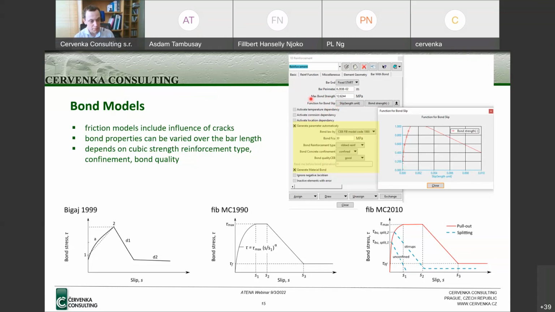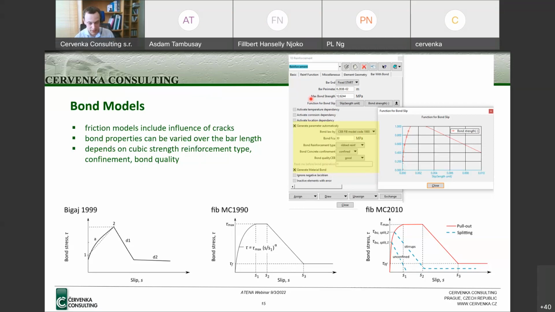It should be noted at this point that these functions, for example from the fib Model Code, already include some impact of cracks, so you need to be careful not to include this, let's say, twice in your model. These functions are very much suitable for modeling with, for example, shell elements, or generally for cases where the conditions around the reinforcement are not so well described by the model itself.